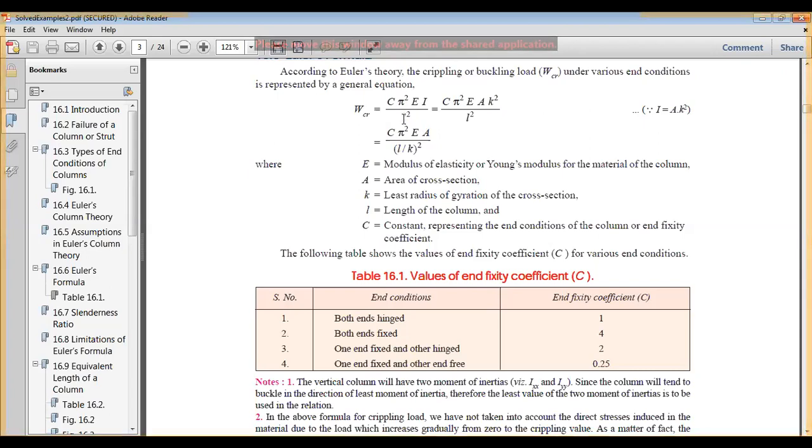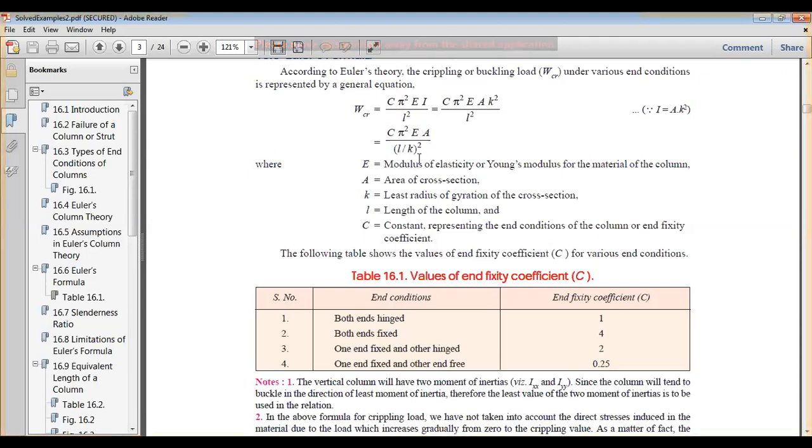First condition we studied in our last lecture was that both ends are pinned. So in that case we found the length and deviation from the original position, and C will be taken as 1 if both ends are hinged. That way it has the capability of moving in either way.